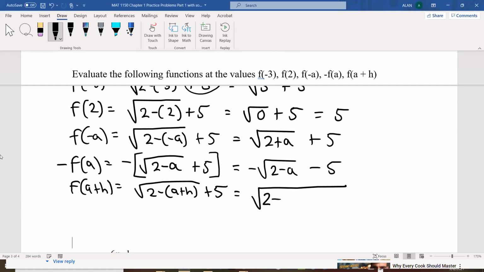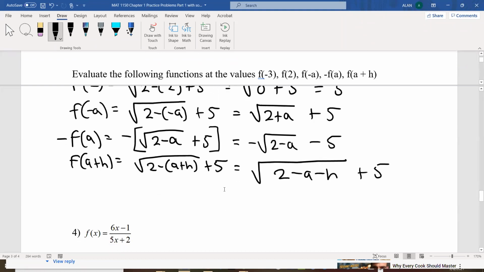If you apply this negative, you can see it's not radically improved. And that's it. That's your final result. So yeah, this one wasn't easy to simplify, but they're done.